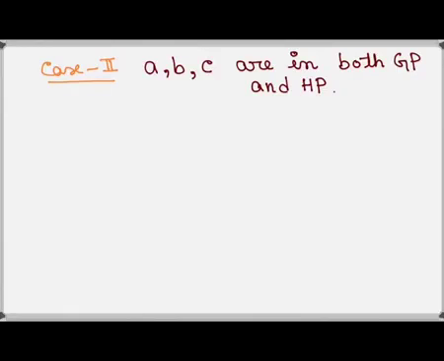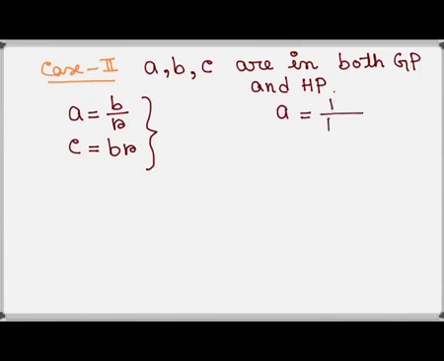As A, B, C are in GP, we write like in the previous case, A is equal to B by R and C is equal to BR, where R is the common ratio, and as A, B, C are also in HP, we write A is equal to 1 by (P minus D), B is equal to 1 by P, and C is equal to 1 by (P plus D).